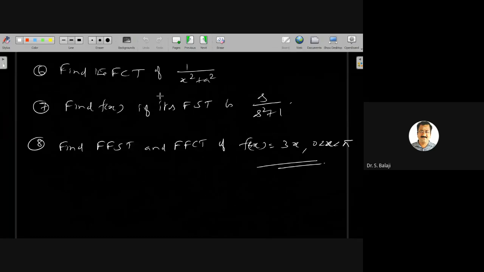Next problem, find the Fourier cosine transform of 1 by x square plus a square.